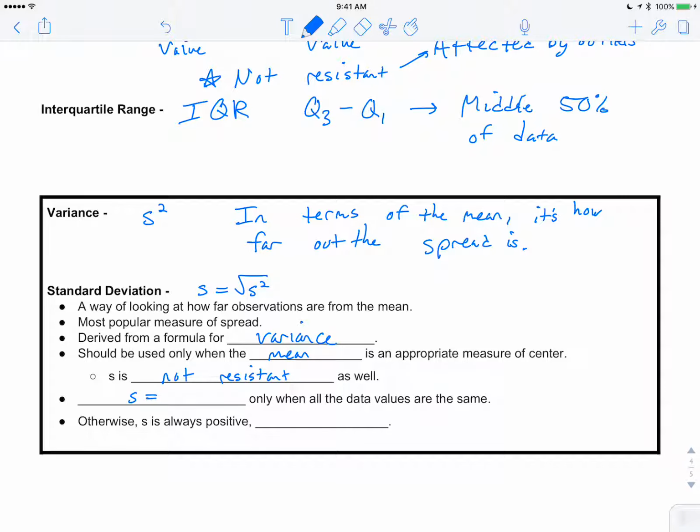If you have a value S equals 0, that only happens when all the data values are the same. So if you have 10 heights of people and they're all 6 feet, your standard deviation is 0 because nothing varies from 6 feet. They're all the same. Otherwise, S is always positive. If it's not S equals 0, it's S greater than 0.